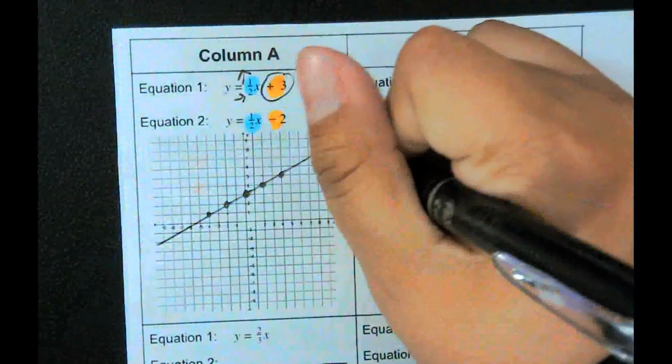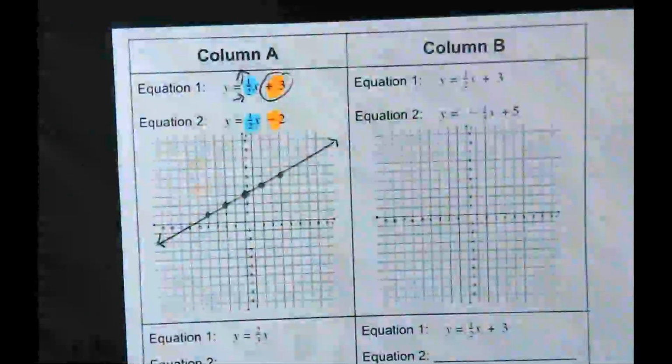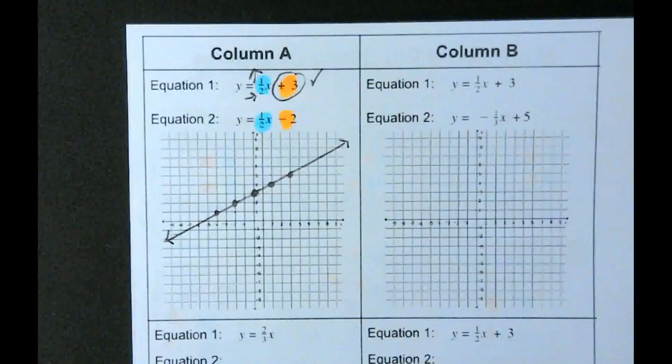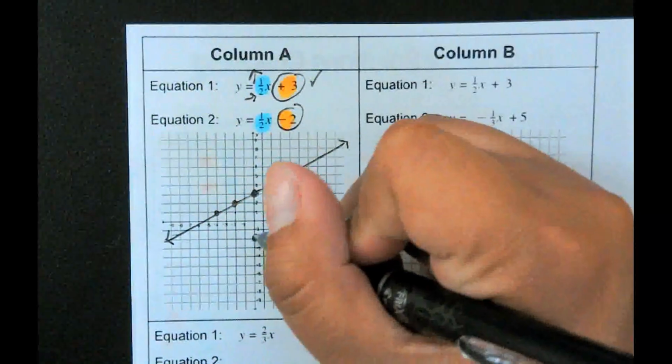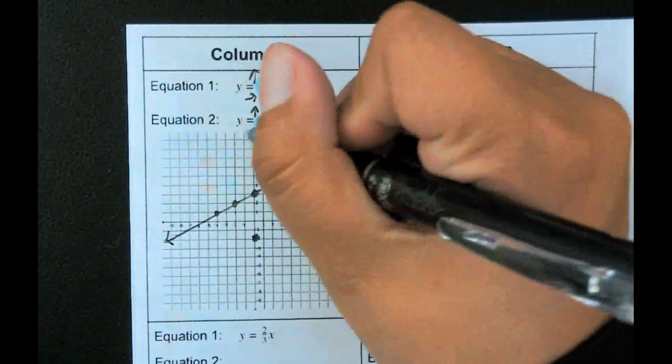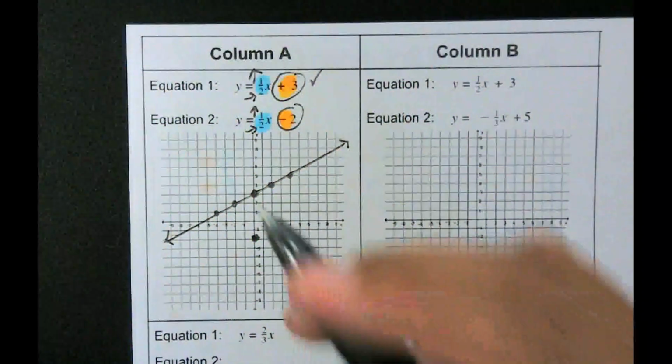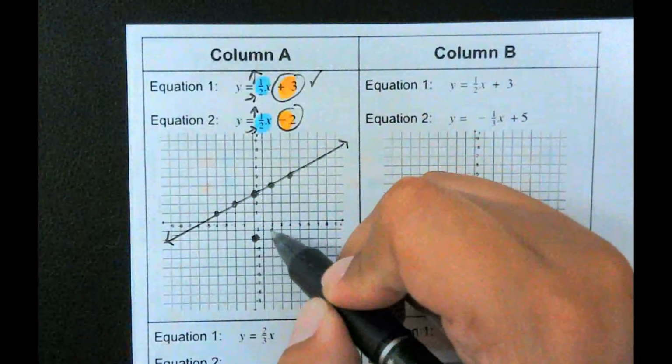Now graph the next one. Slope tells me go up 1 over 2, 1 over 2.